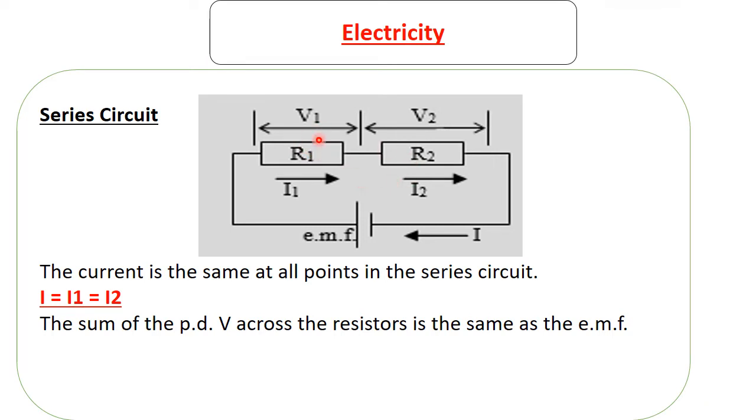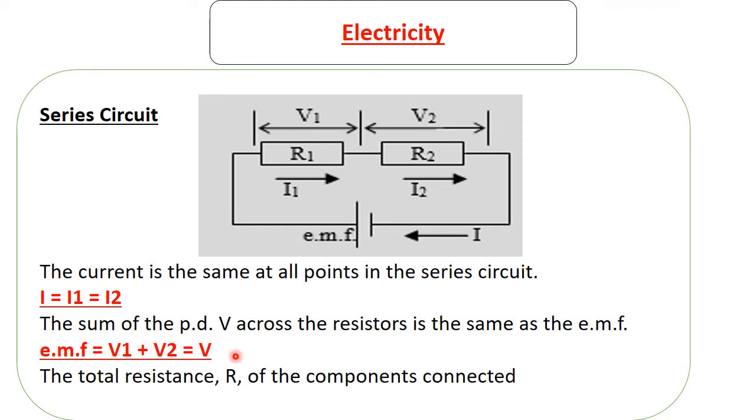This resistor is going to get part of that voltage, and this resistor is going to get part of that voltage. Therefore, if you add them, they should give you the voltage that the cell is providing. So EMF is equal to voltage across resistor 1 plus voltage across resistor 2. This is how to analyze voltage in a series circuit.